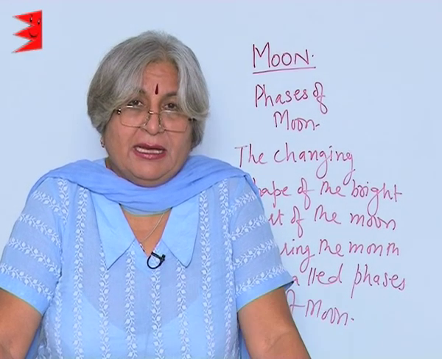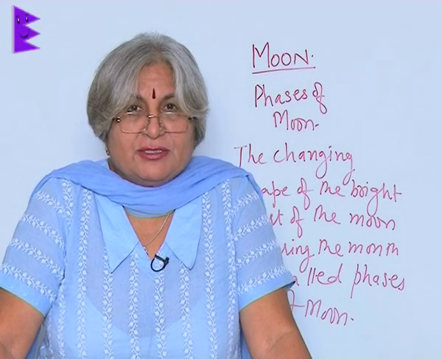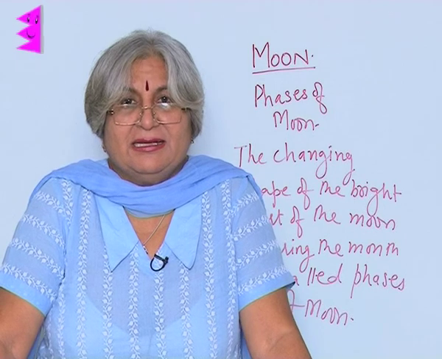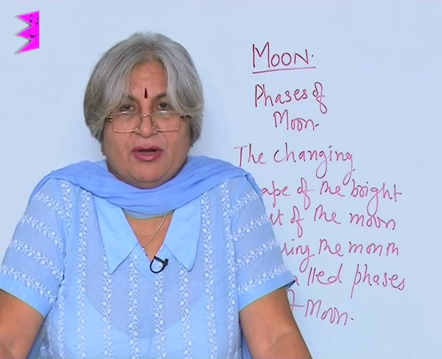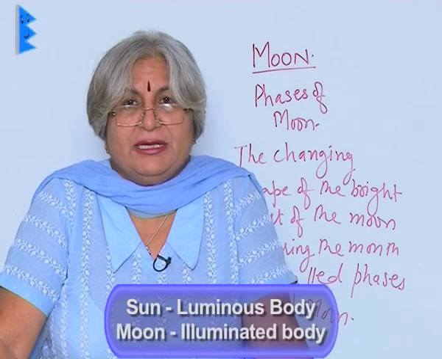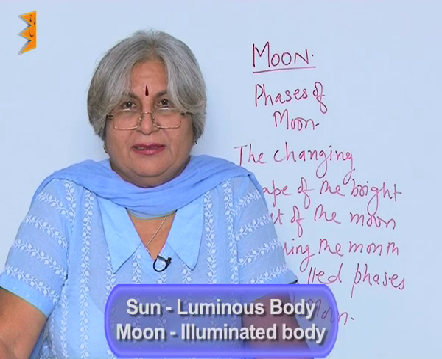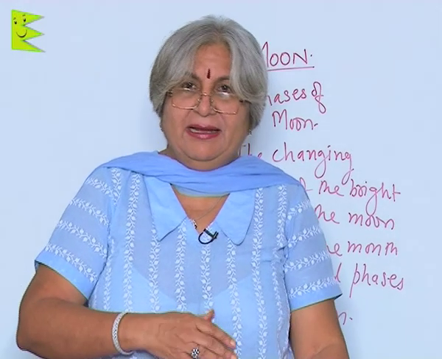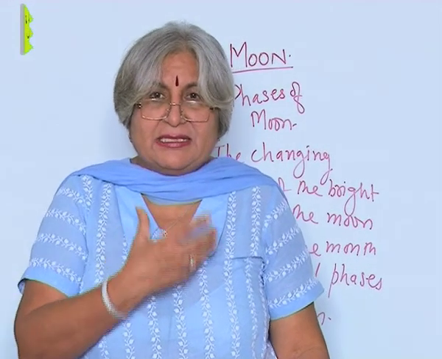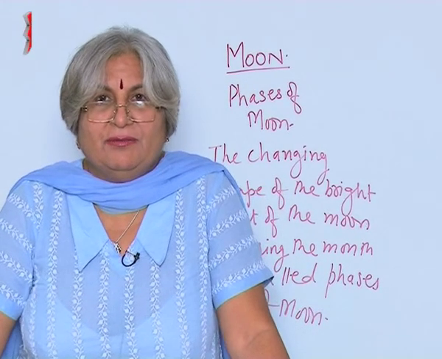And if a body gets light from some other source and then reflects it, then it is an illuminated body. So, the sun is a luminous body while the moon is an illuminated body. It does not have its own light. When it receives sunlight, it reflects it. And it is this reflected light that we see.